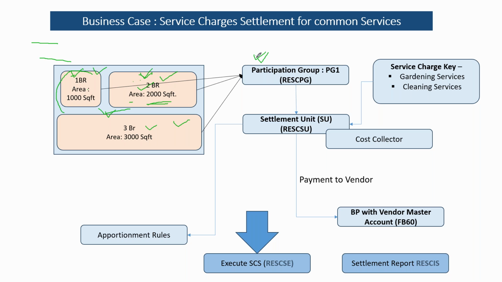If you would like to exempt some rental units from this participation, you can still do that. Here we have an indicator denoting that these are the units which are going to participate in the service charge settlement process.